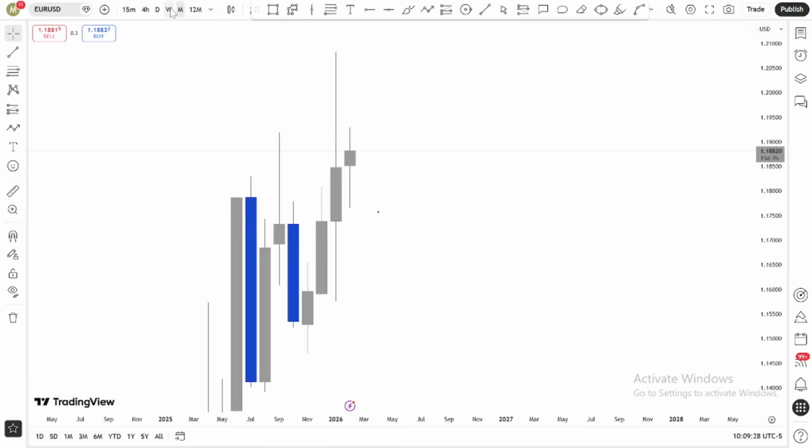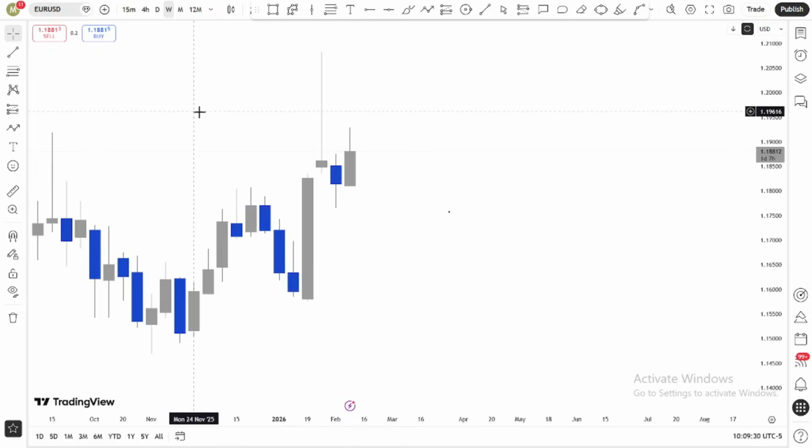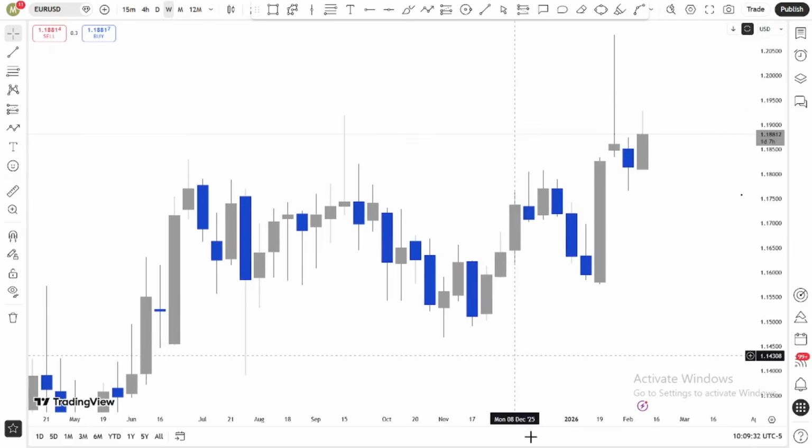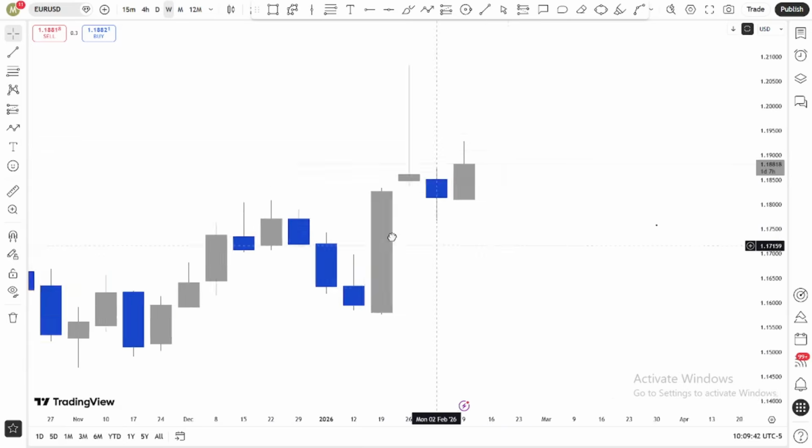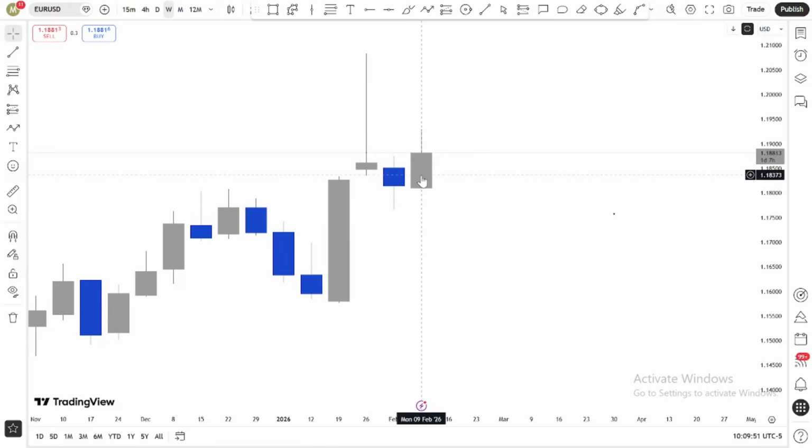Now let's go to the weekly time frame. On the weekly time frame, you also want to know where price is at and where price may likely trade to. One candle on the weekly time frame represents what happens for the whole week, from Monday to Friday.